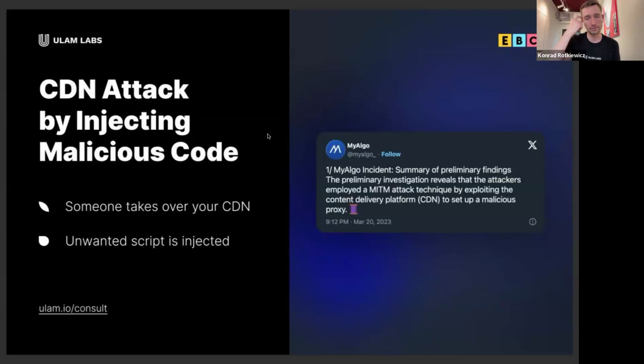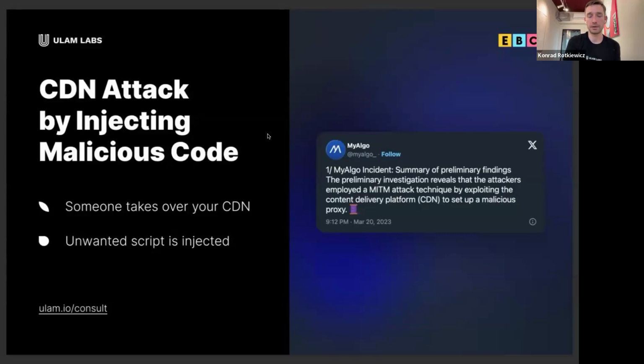This example is from the Algorand ecosystem. MyAlgo wallet was a web-based wallet, similar to the previous one, but it ran in the browser and stored private keys in the local storage in the browser. What happened is that someone compromised the content delivery network and injected malicious code that, as far as I can imagine, did exactly the same: if the balance is substantial, send private keys to an anonymous server.